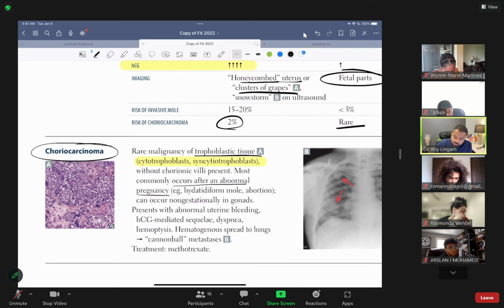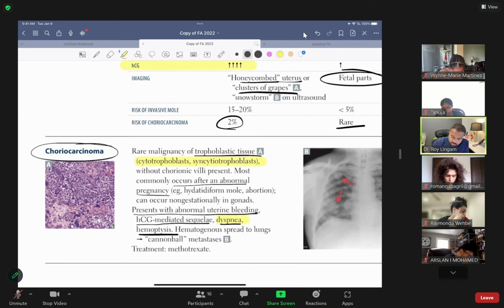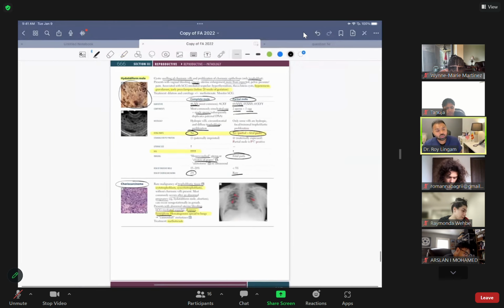And presents with abnormal uterine bleeding, HCG-mediated sequelae, dyspnea, and hemoptysis because it's spread to the lungs. Okay, this is important. The minute you have dyspnea and hemoptysis, it goes to the lung. Through the blood, it goes to the lung, folks, okay? And we have to give methotrexate to treat if we can, but that's choriocarcinoma. Is everybody clear, folks? Now, let's quickly see that question.